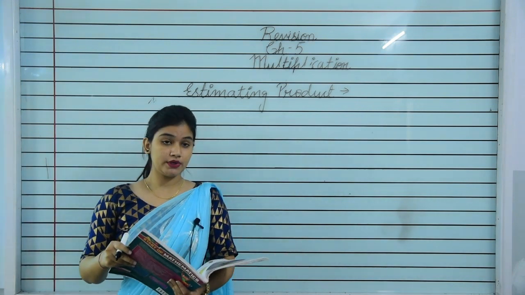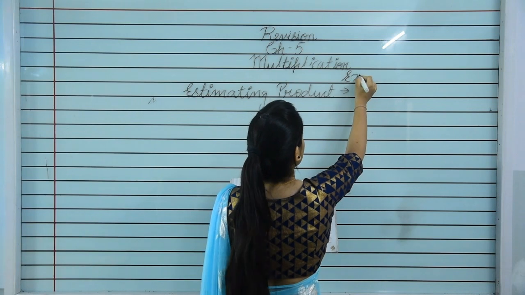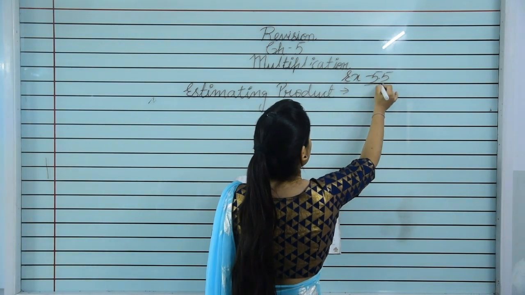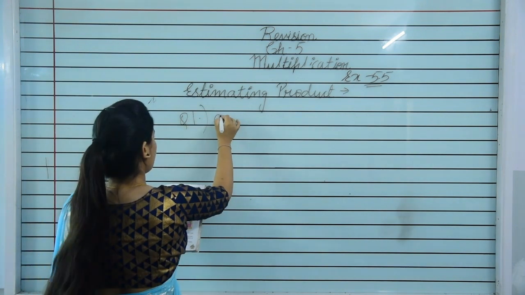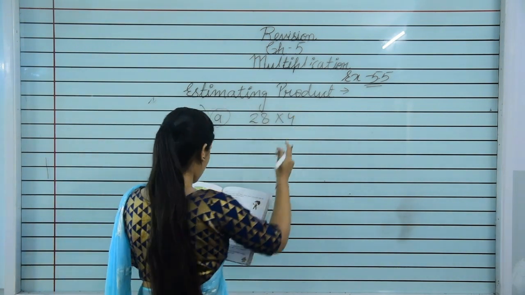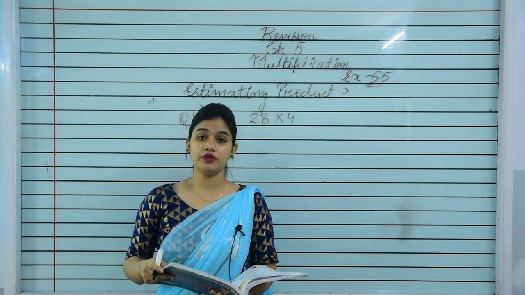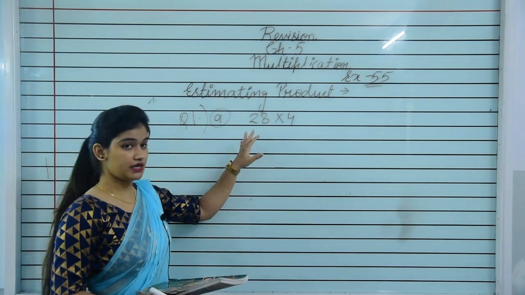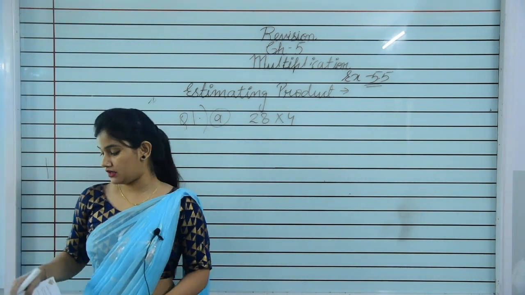So students, open page number 66, exercise 5.5, and we see question number 1, A part, and the A part is 28 multiplied by 4. Question 1 is estimate the following product. It means first we have to find the estimation, it means first we have to round off, then we'll multiply the number.